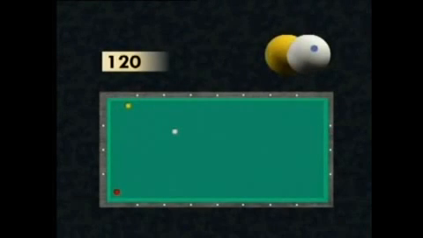Do not hesitate here to play very high on the second cushion and let the curve take its course to score the point.